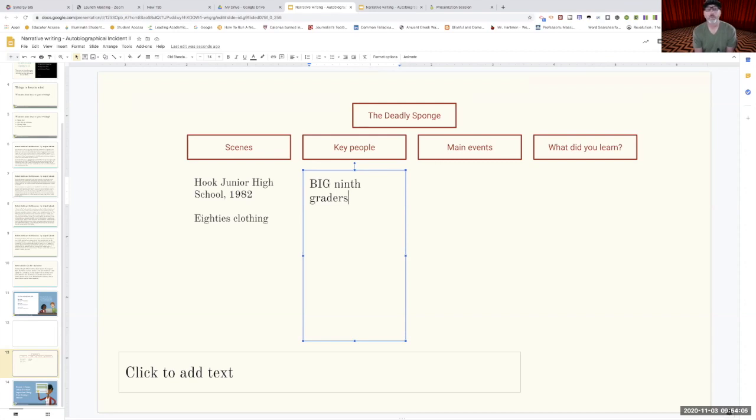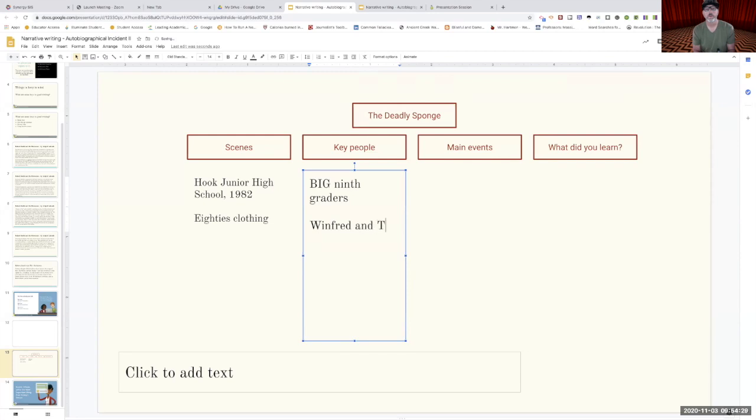But I remember some of these ninth graders coming out of that office and just in tears, but I'm like, man, these guys have mustaches and stuff. It's crazy. And then of course, big ninth graders, that was one. So there were two guys who I was particularly fascinated with.